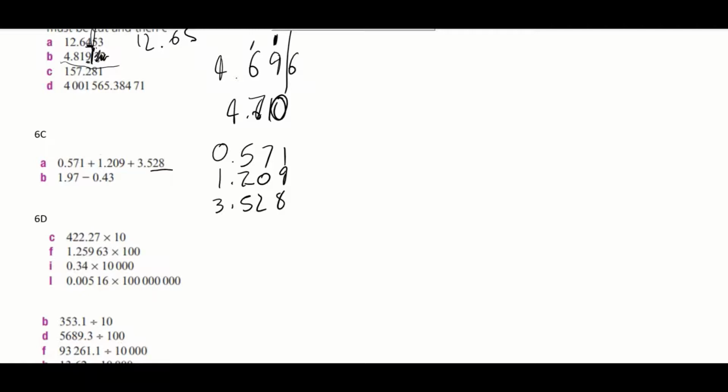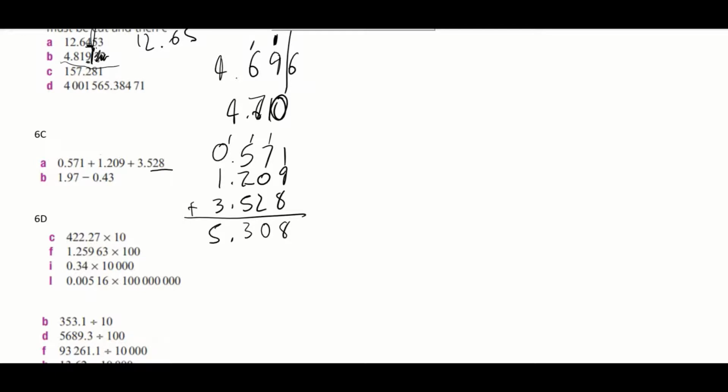If there was no 28 here and it was just 3.5, you may want to draw in some zeros just so you keep yourself organized. You don't have to do that, but it's an option. So obviously you just go 9 plus 8 is 17, and so on, carrying as you go, and we put the decimal place in the same way, and that's how you add it up.